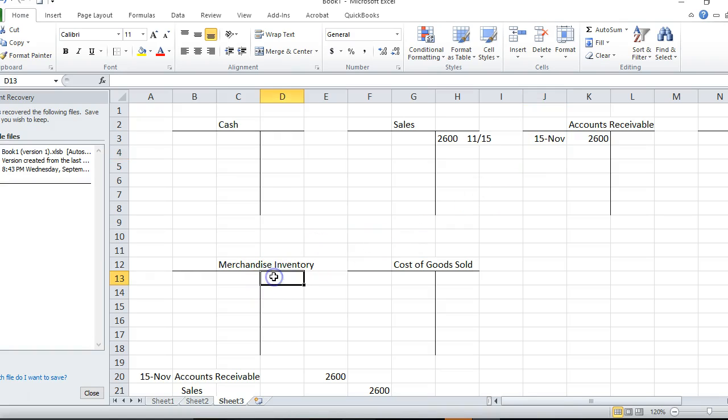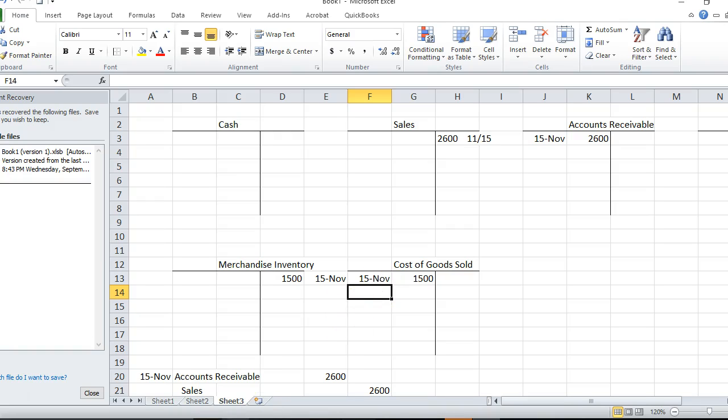We're also going to show our merchandise inventory got credited on November 15th, $1,500. And on November 15th, our cost of goods sold got debited $1,500. Does that make sense? Both transactions have to happen. Because we're not just dealing with the service, we're having to show not just the sale of that inventory, but what we paid for it. It's no longer inventory, it's sold.